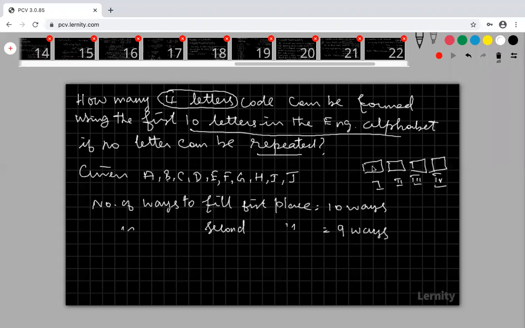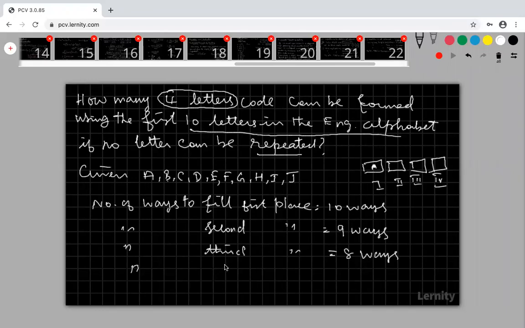If I'm filling A here, this A cannot come to the second, third or fourth place because my letters are not repeated. Repetition is not allowed. So my third place is 8 ways because 2 letters are already filled in first and second places. Those letters can't be repeated.